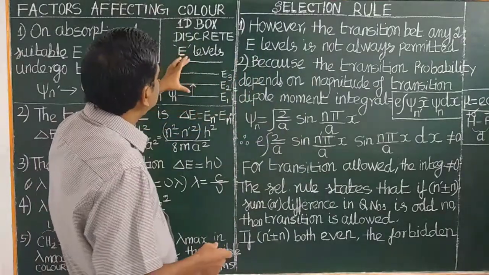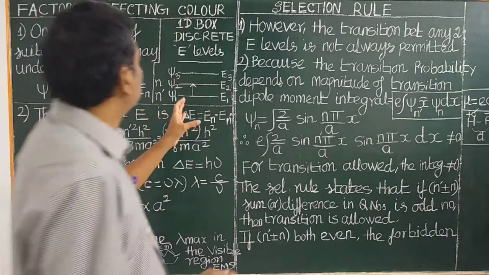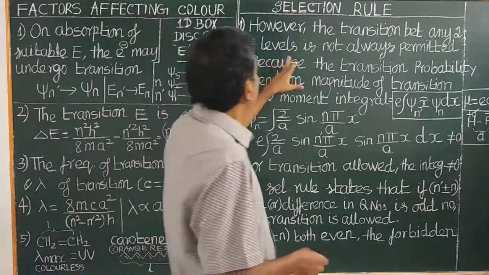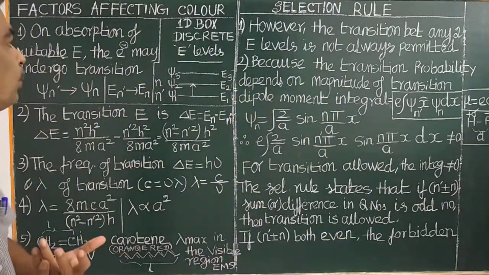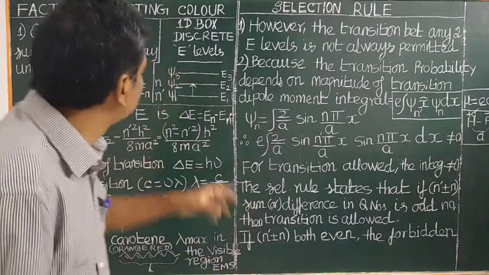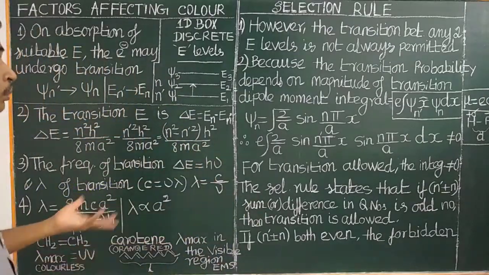Not all the transitions are allowed, because it depends on the transition probability. If the transition probability for 1 to 3 is 0, then there will be no transition.